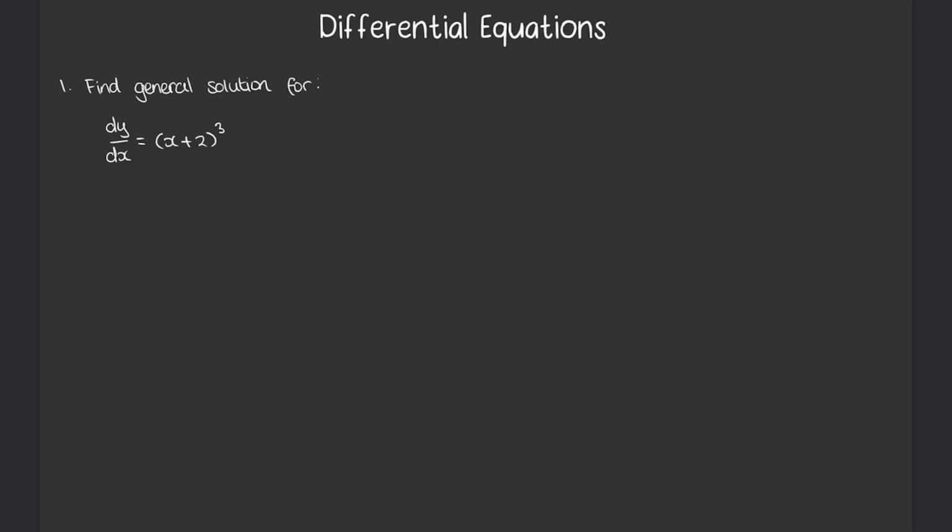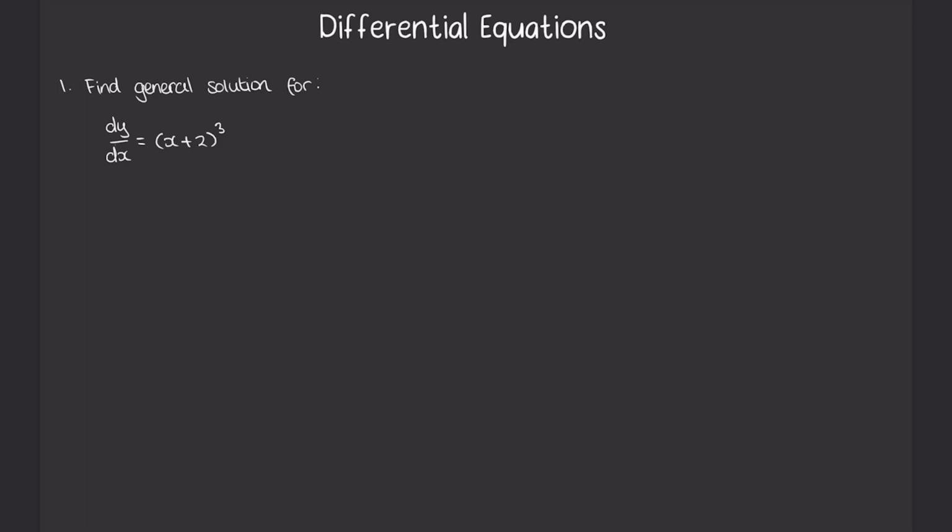You can see there's a dy by dx. I was told at A level that dy by dx isn't actually a fraction, but for some reason at A level it's treated like a fraction. I don't have the deep enough knowledge of maths to know why, but it is what it is, so we'll just stick with that for now.